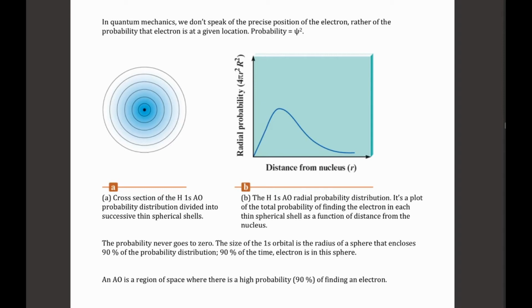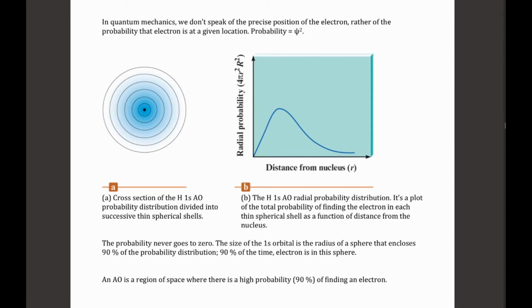So in hydrogen, that peak position, that location of the atomic orbital, turns out to be called the 1s atomic orbital in hydrogen. And that's where the electron is most likely to be found. But it can be found to the left or the right of that, at smaller distances or greater distances. It's just not likely.